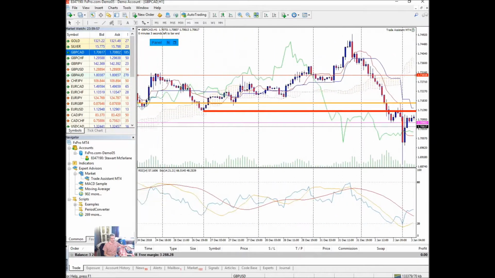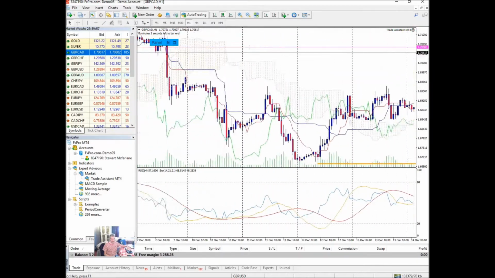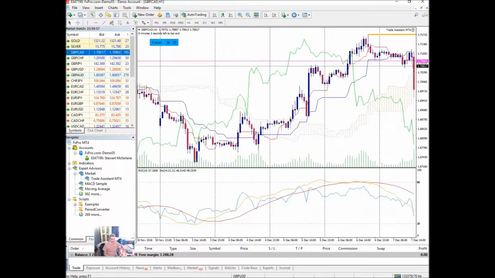One thing that's becoming really obvious is the need for some really key support and resistance lines. So over here we've got a resistance line that we see this pin bar coming from, and if we look at the stochastics and the RSI indicator, we do have the setup that we're looking for to go short.